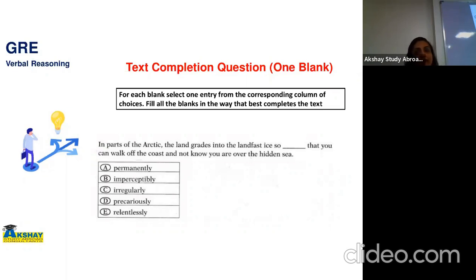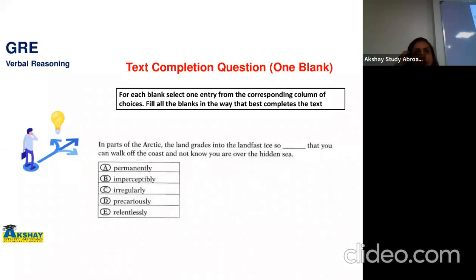In the parts of Arctic, land grades into the landfast ice so dash that you can walk off the coast and not know you are over the hidden sea. Where is the division? Not every time there is a comma is there a division. Like a division in a sentence, you can make some sense out of the given text.